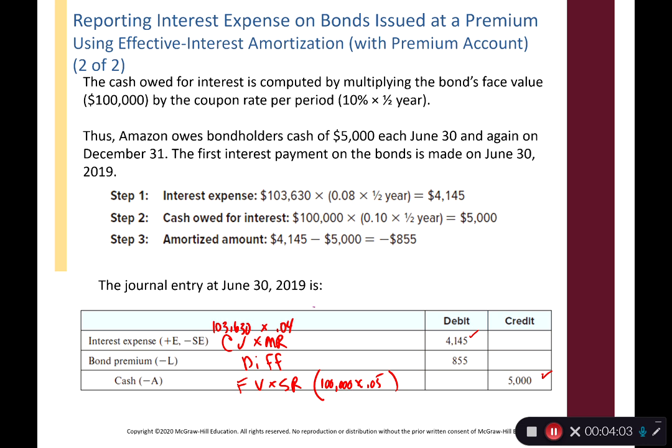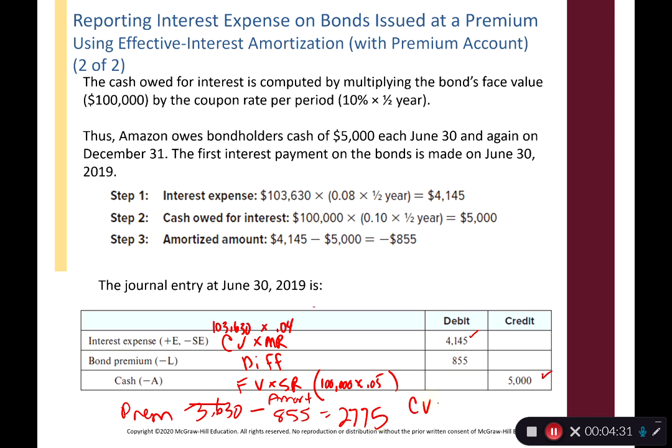Now again, there's a shortcut to get to our new carrying value, but I'm going to show you the long way. Our premium started at 3630. The amortization is 855, which means my premium goes from 3630 down to 2775.